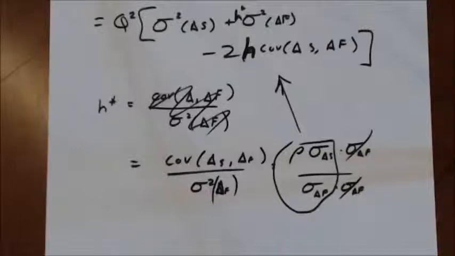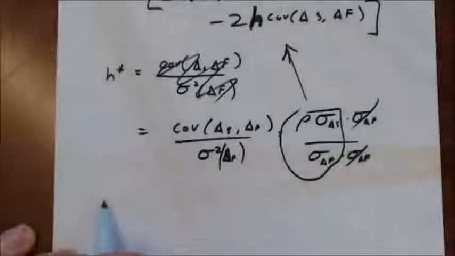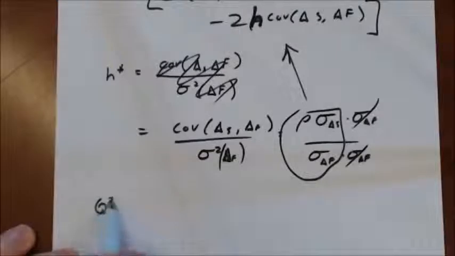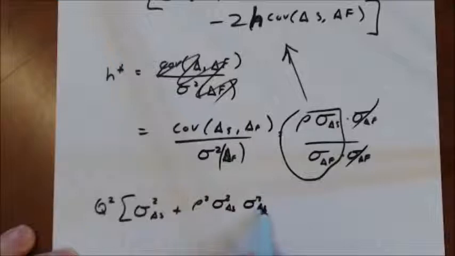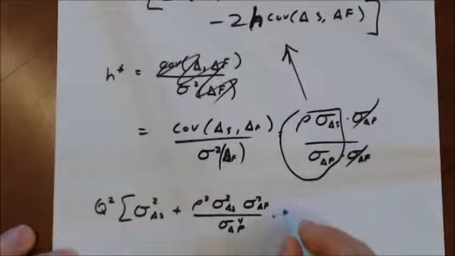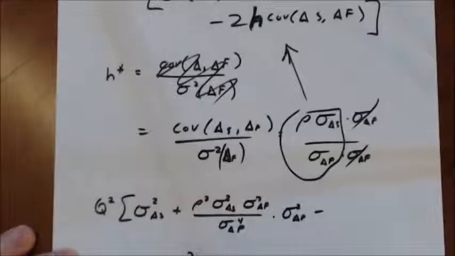I'll cover it quickly. It's Q squared sigma delta F to the 4th power times sigma squared delta F minus 2 rho.